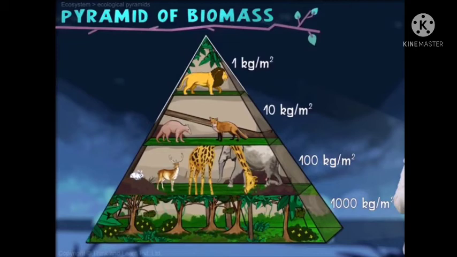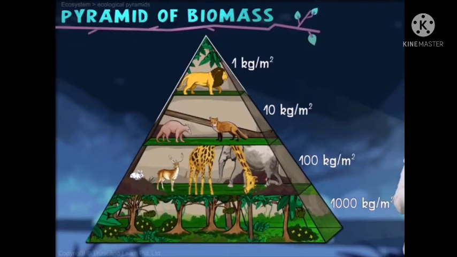The organisms which are large in number will obviously have large mass. So we can see in the picture the leaves, the trees, grasses, etc., they have a large mass, 1000 kilogram. Again we go to the primary consumer level, the deer, elephants and giraffes. These are the plant eaters.